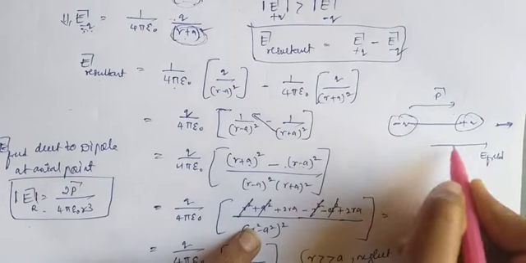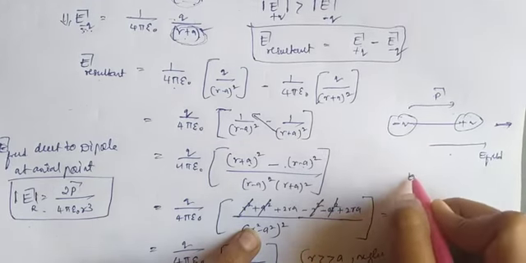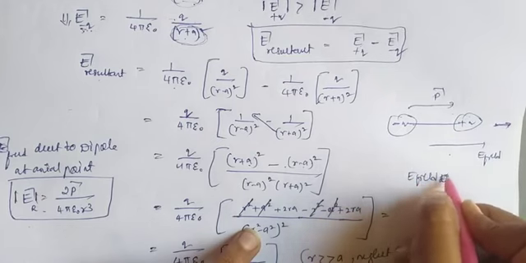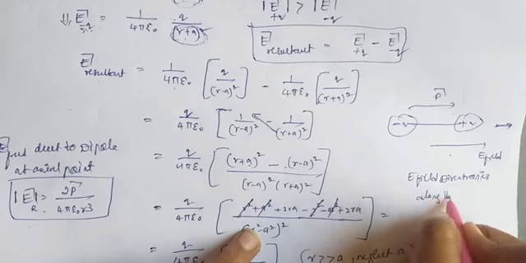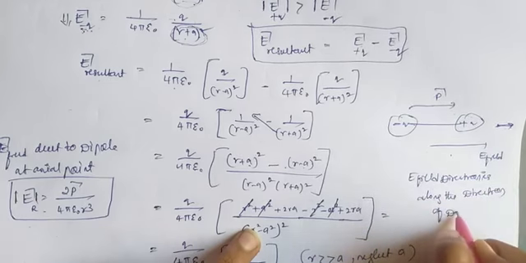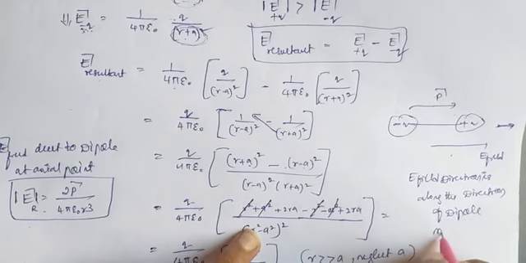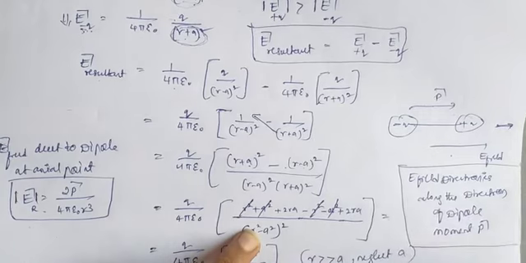By comparing those two, the electric field direction is always in the direction of the dipole moment. Electric field direction is along the direction of dipole moment P.